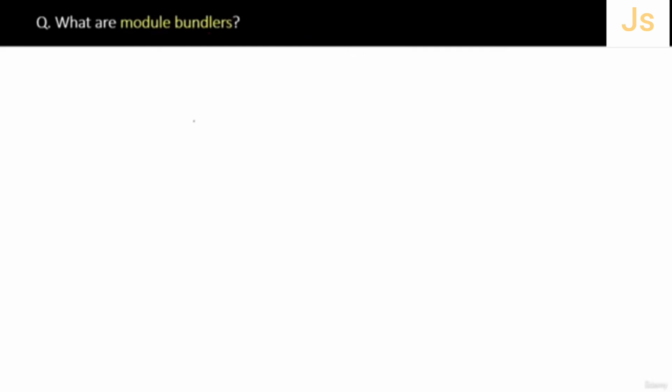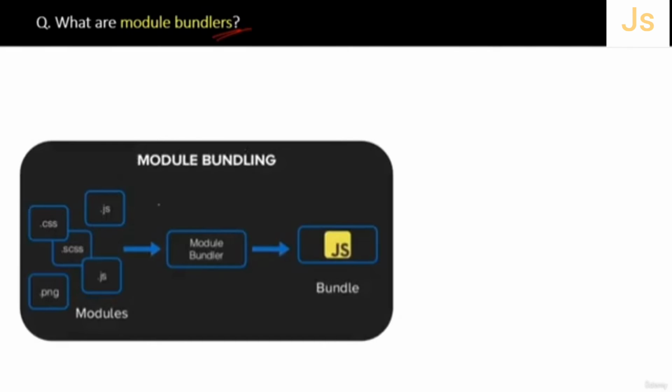What are module bundlers? All right, here you can see one diagram. Whenever any request comes to the server, it bundles all the JavaScript, CSS, and image files together in a module bundler. Normally we call it a bundle, and this bundle is sent as the response to the client request. So that is the process. This process of making the bundle is called what?